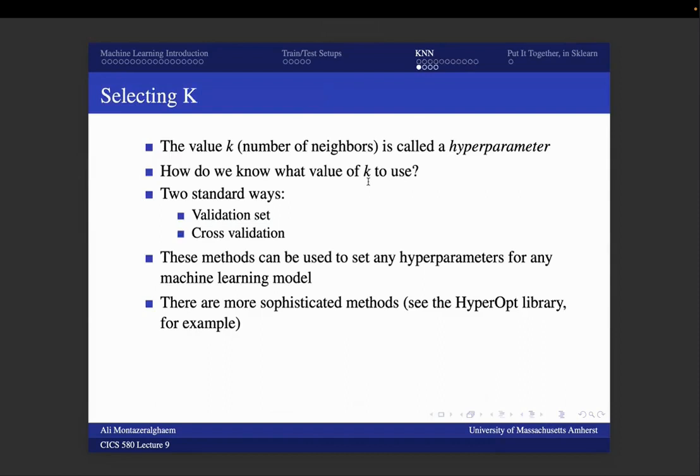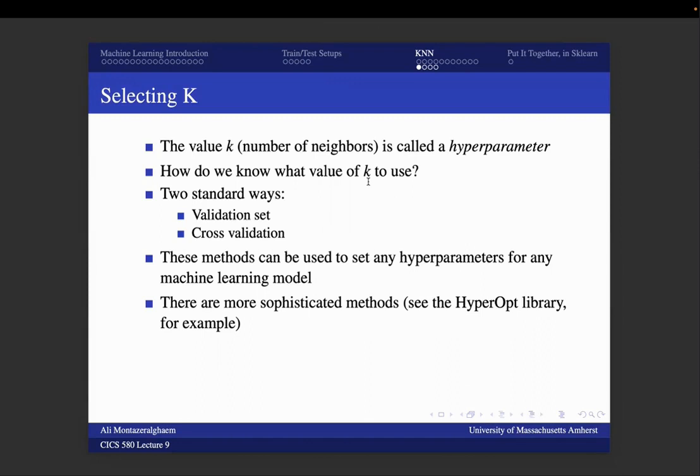And a question here is how we can decide about the value of the k in the algorithm. Actually, the k is a hyperparameter in the algorithm. And the two standard ways for selecting k are validation set and cross validation.